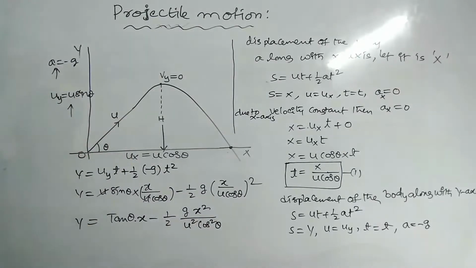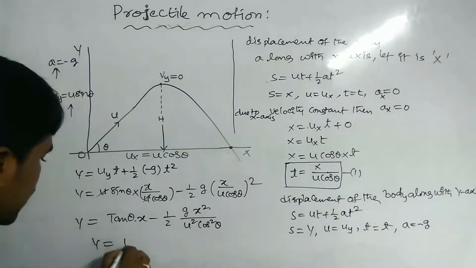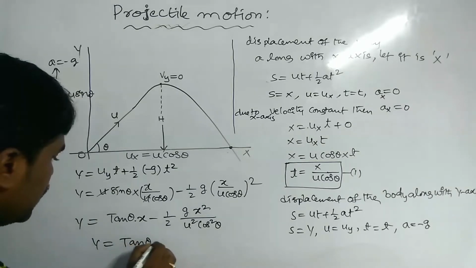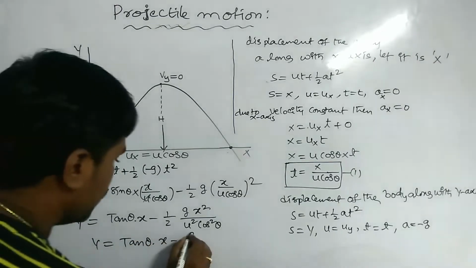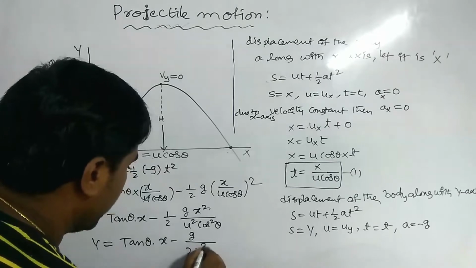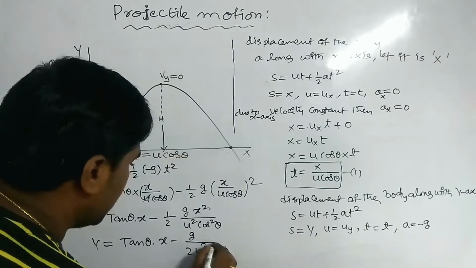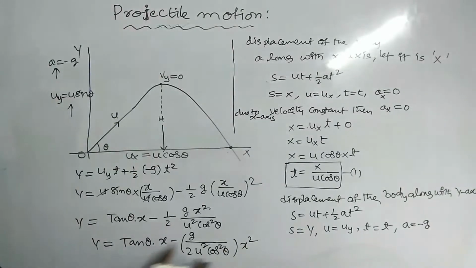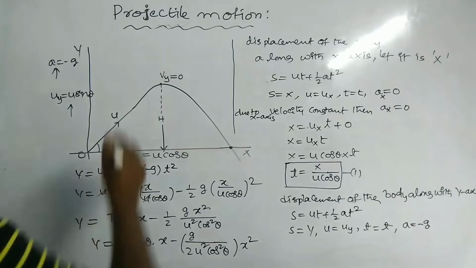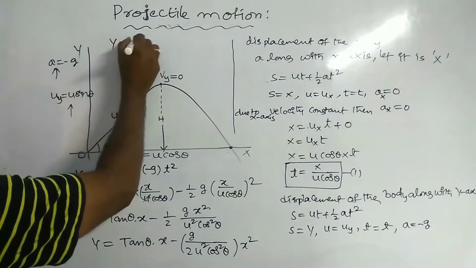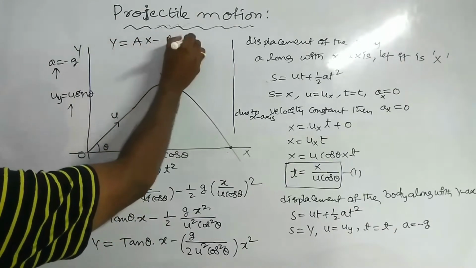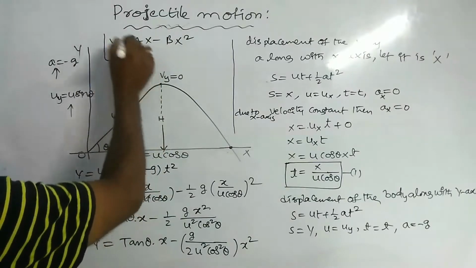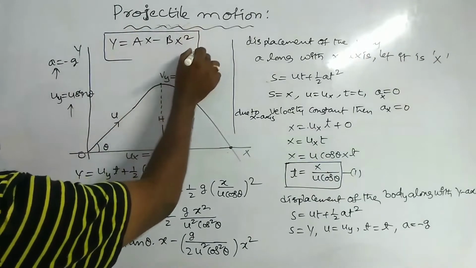Okay, so this is the y. So this can be written as tan theta into x minus g by 2u square cos square theta into x square. So this is one form of the equation, which is nothing but the basic equation y is equal to ax minus bx square. Ax minus bx square. This is the equation of a parabola.